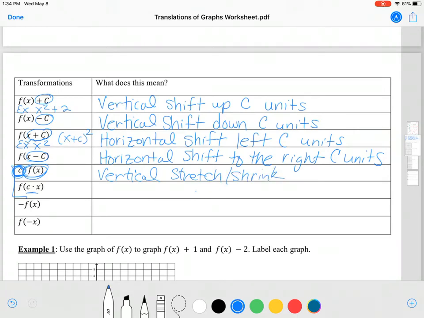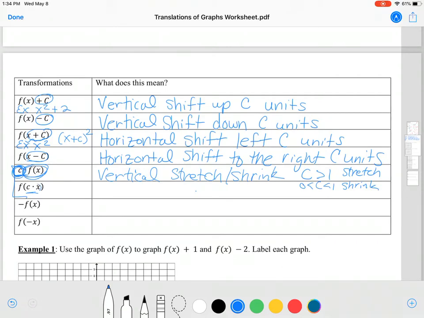Now you can tell if it's a stretch or a shrink. If c is greater than 1, it's going to be a stretch. And if c is between 0 and 1, like a half or a third or something like that, then it's going to be a shrink.